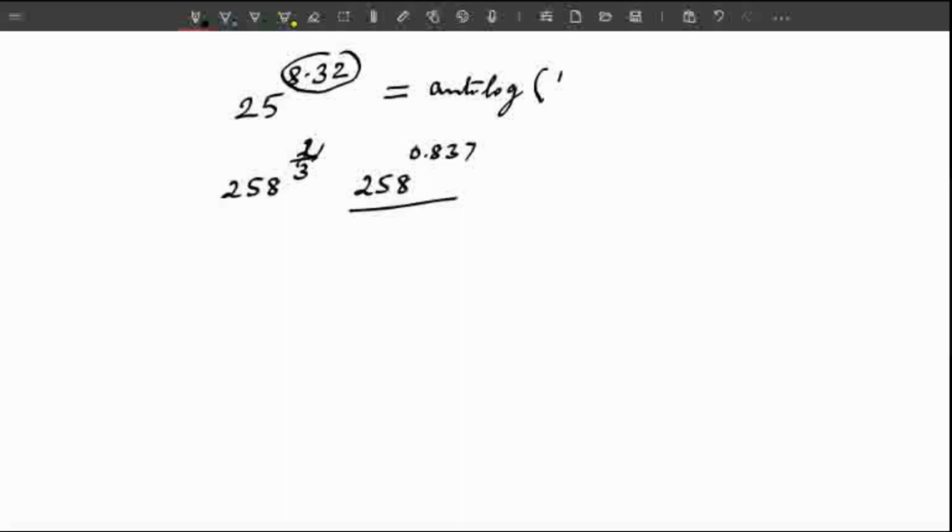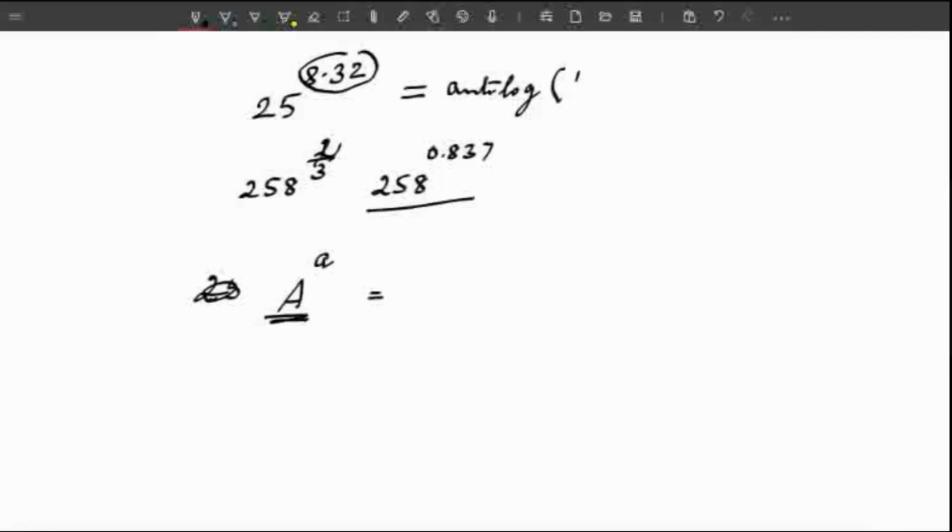A power A, where A is the base number, is equal to what? What is the answer for this? A may be an integer, or only decimal, or integer and decimal, whatever it may be. A may have only an integer, say 2 or 3 or 4 or 5.